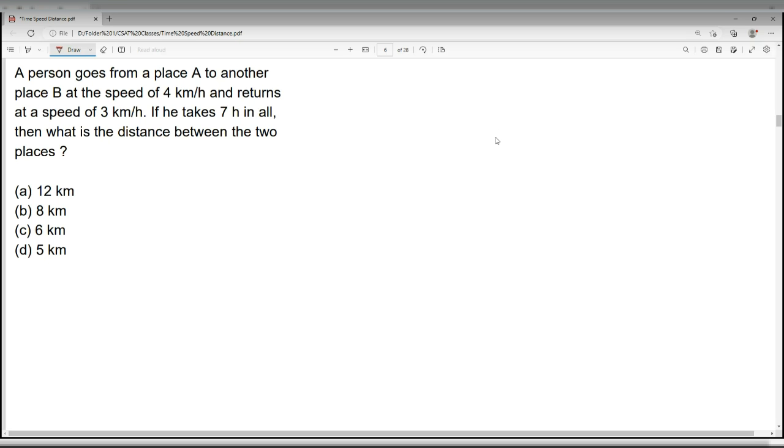So in this question, what it's saying is a person goes from a place A to place B at the speed of 4 kilometers per hour and returns at a speed of 3 kilometers per hour. If he takes 7 hours in all, then what is the distance between the two places?